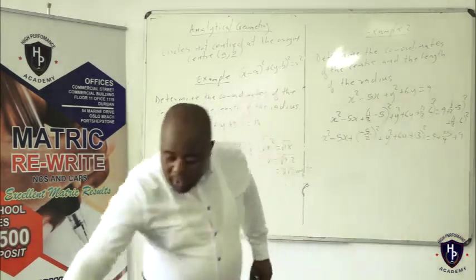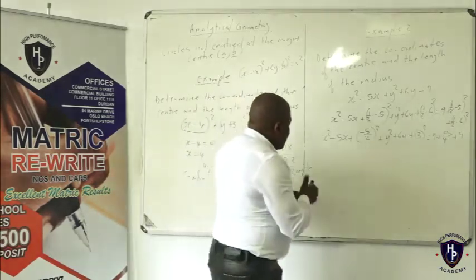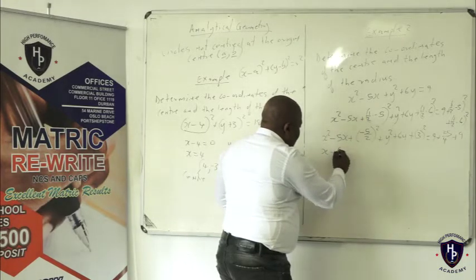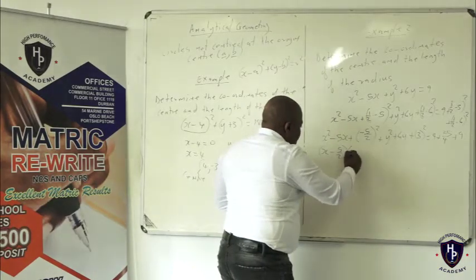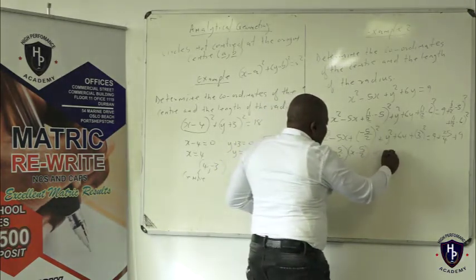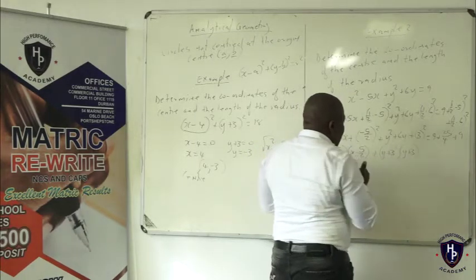Now, let's try to factorize this, okay? So this is going to be (x minus 5 over 2) into (x minus 5 over 2). In this one, it's (y plus 3) into (y plus 3), okay?